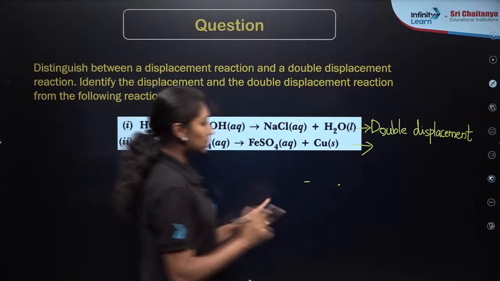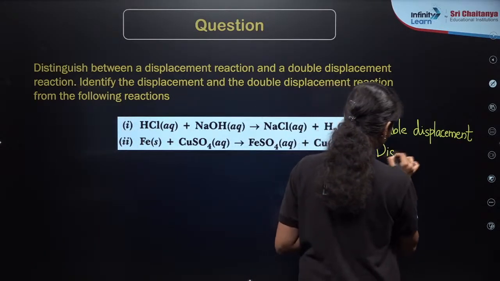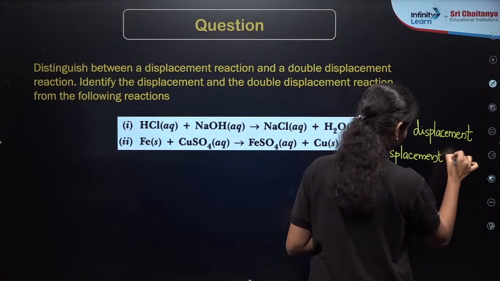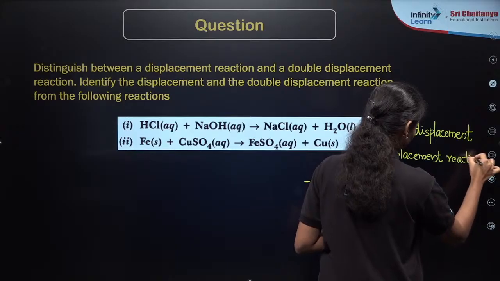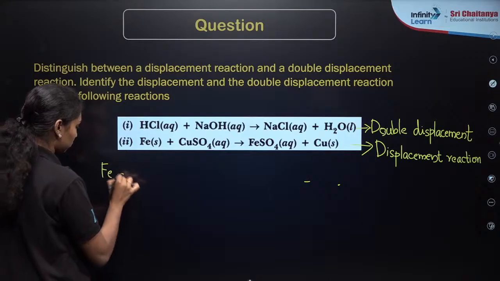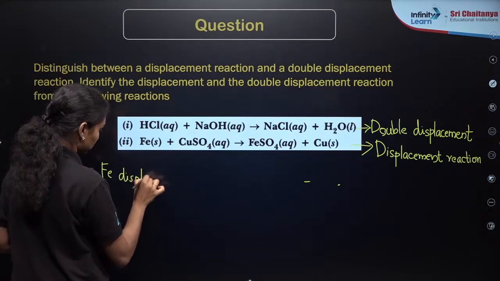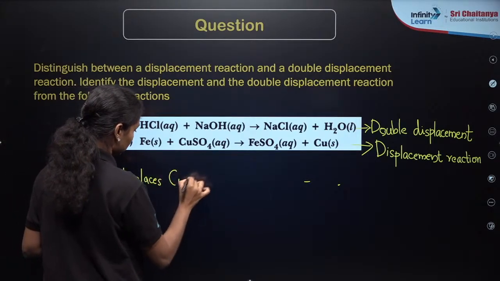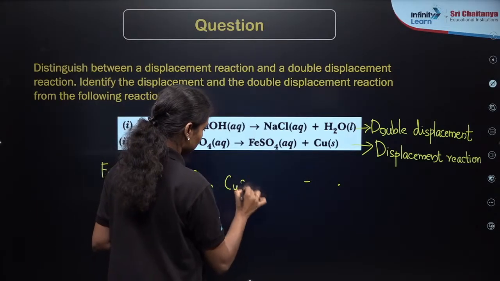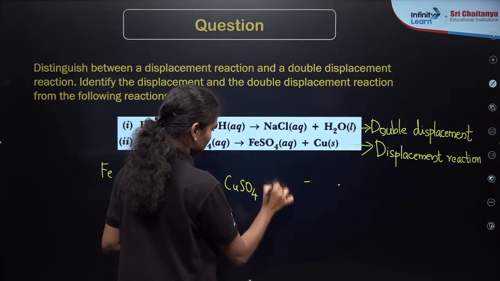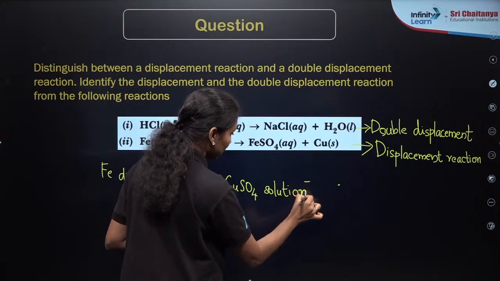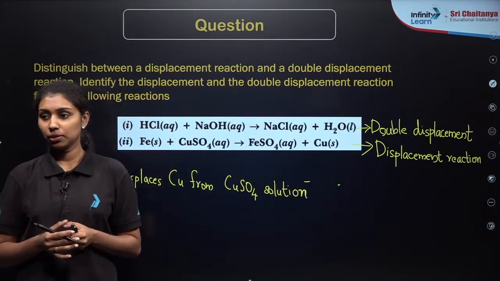So this is a displacement reaction. From the displacement reaction, we can identify which one is the more reactive metal and which one is the less reactive metal. Clear?